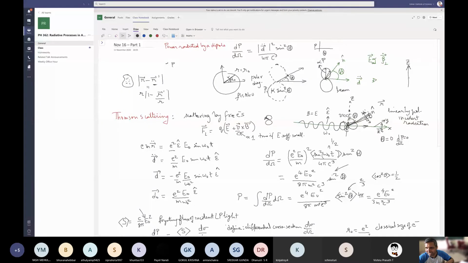With respect to this direction, the radiation pattern is independent of phi, if phi is defined as some angle in the x, y plane, the usual spherical coordinates. Get it? It's not symmetric with respect to x, because it's symmetric with respect to the acceleration direction.